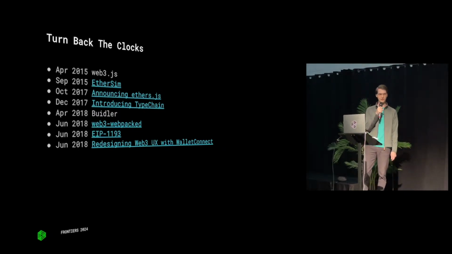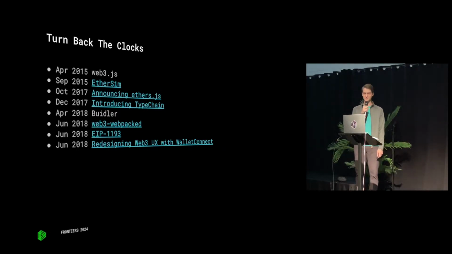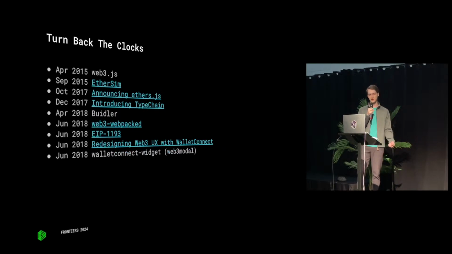I think a lot of people take it for granted today, but I take it for granted today because I wasn't around pre-Wallet Connect. But it allowed you to bring mobile into the equation, and yeah, it was a pretty big step forward.